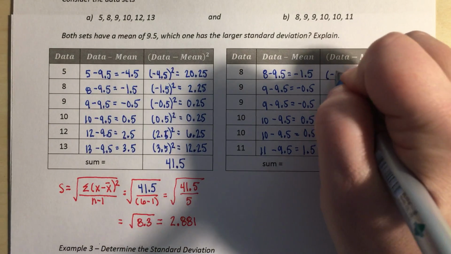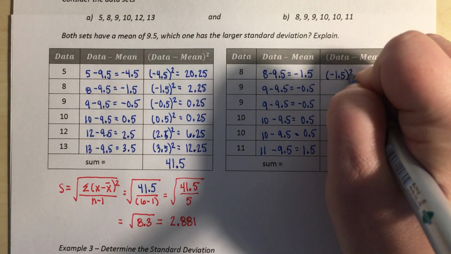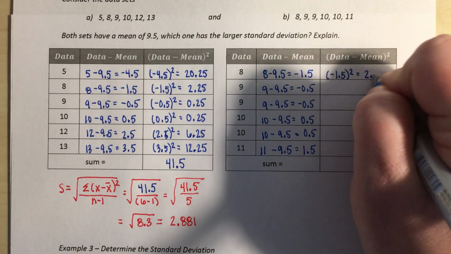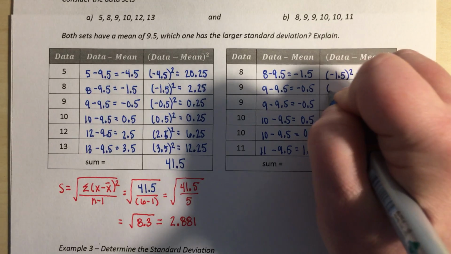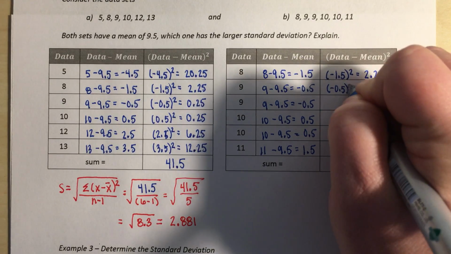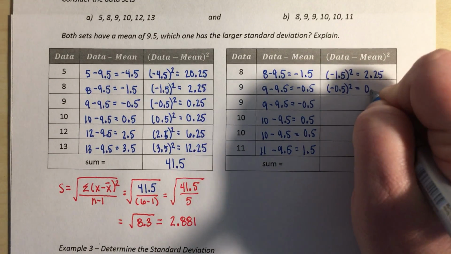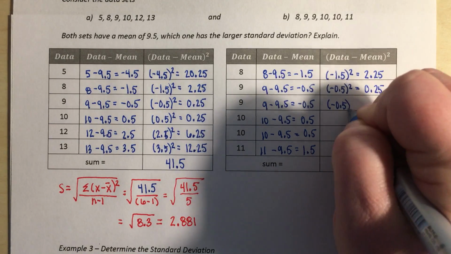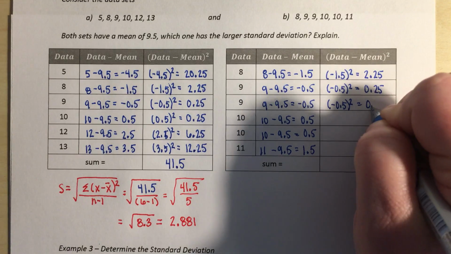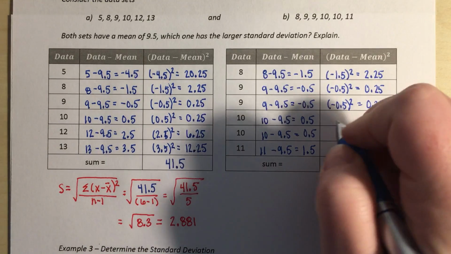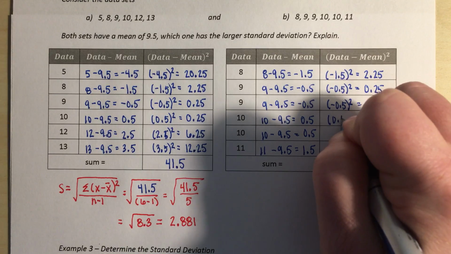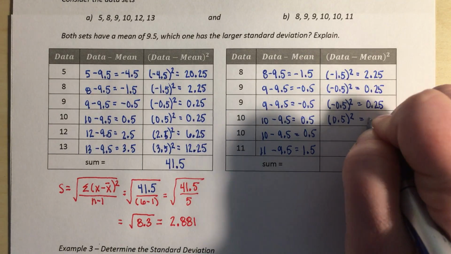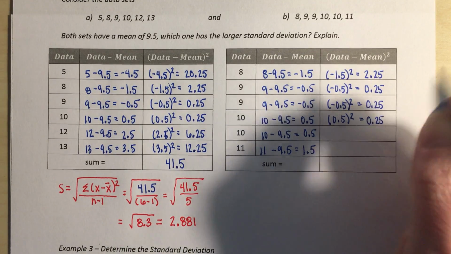Now we're going to square all of these. Negative 1.5 squared is 2.25. Negative 0.5 squared is 0.25. Negative 0.5 squared is 0.25. Positive 0.5 squared is also 0.25.